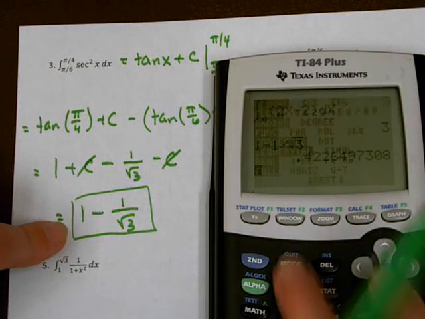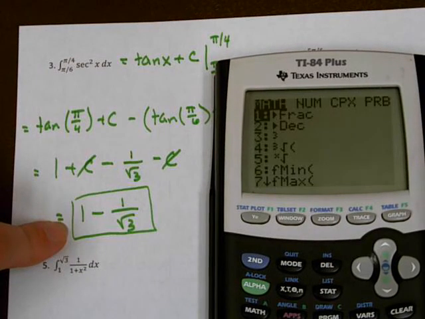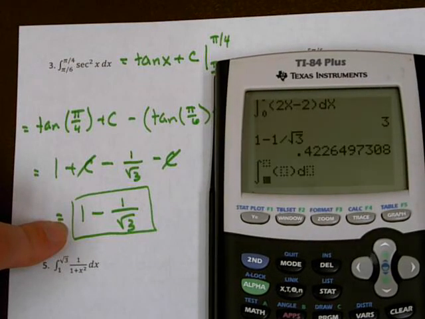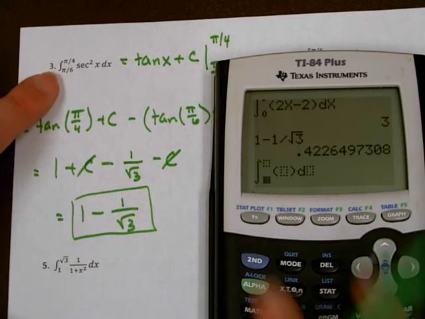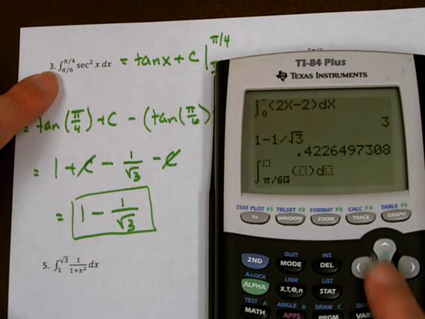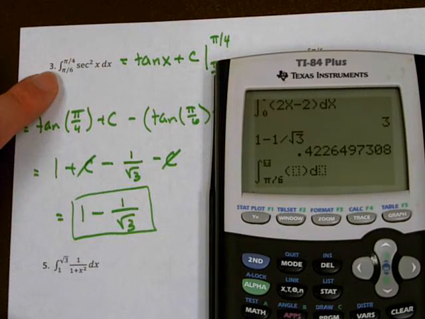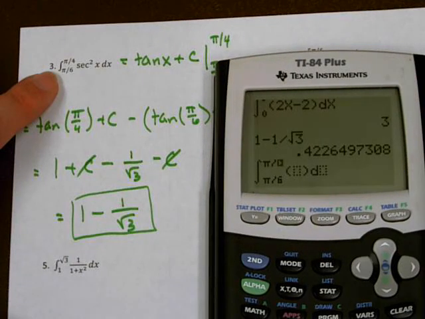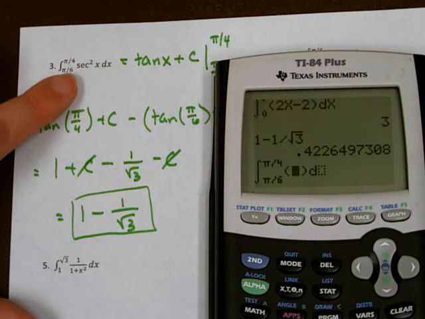Okay, we're good. So we're going to do math, and we're going to hit number 9 so that we get our integral. And we're going to integrate from pi over 6 to pi over 4. And now we have to be careful because secant, we know, is 1 over cosine.